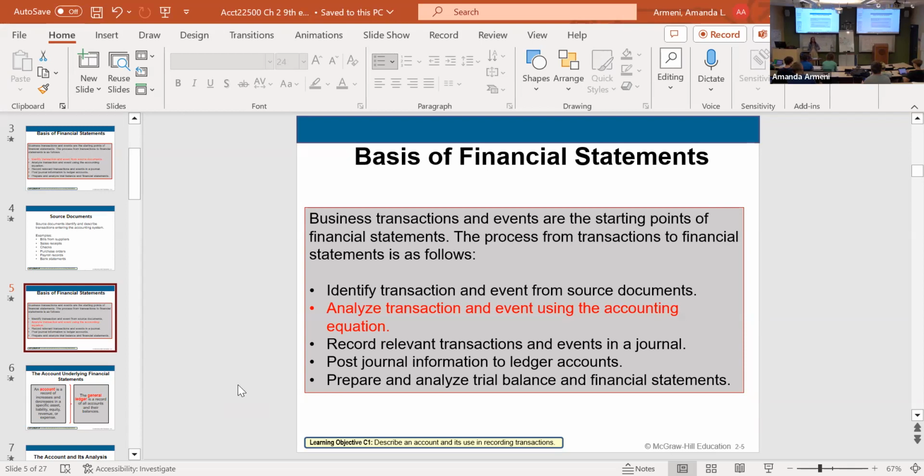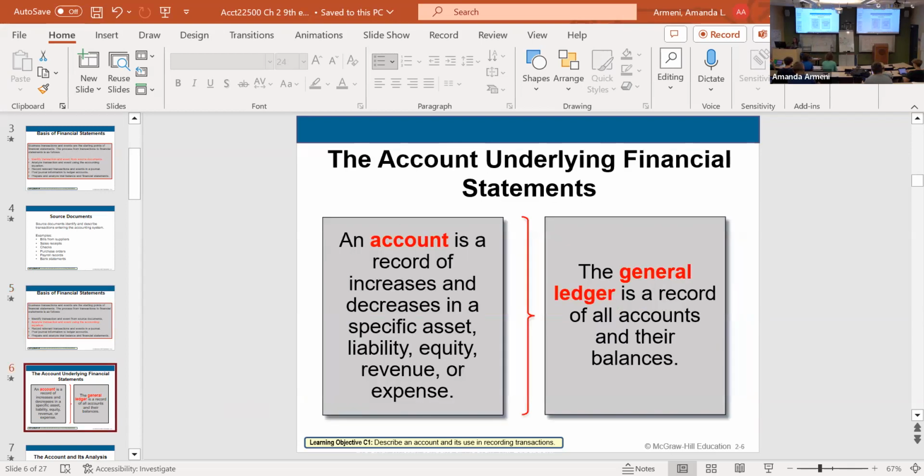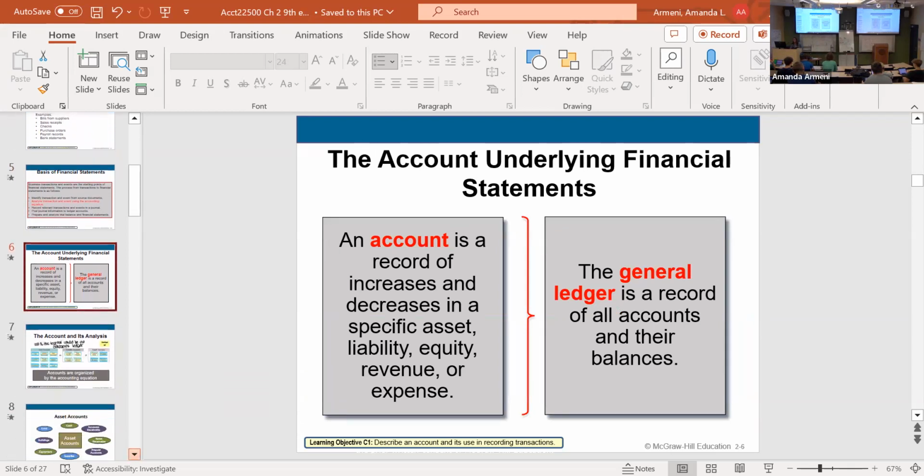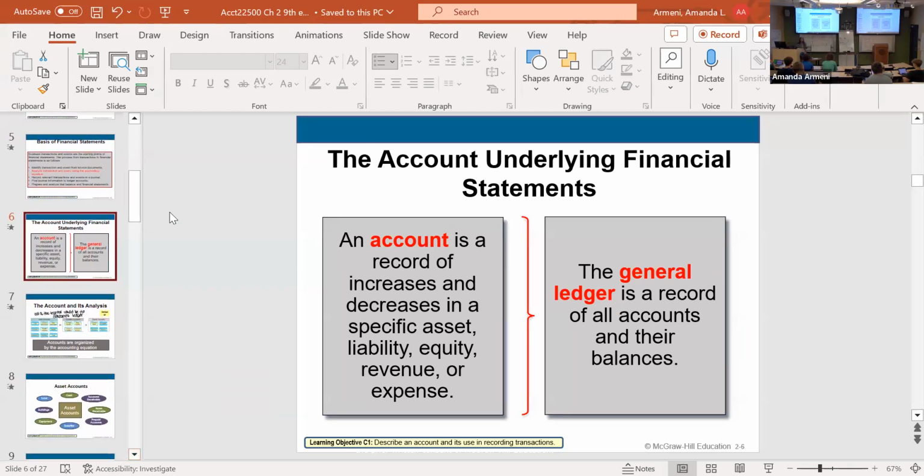Okay. So to help us get used to some of the account names, we've talked about a lot of them already in our chapter 1 examples. But to help us get used to them, we are going to walk through what each individual part of our accounting equation is going to include, okay? Now, this is not going to be an exhaustive list of every account name that you would possibly see as an accountant.